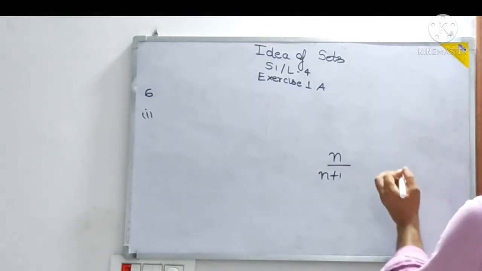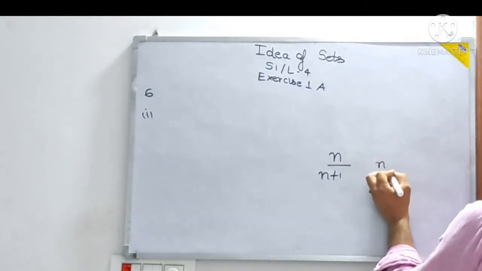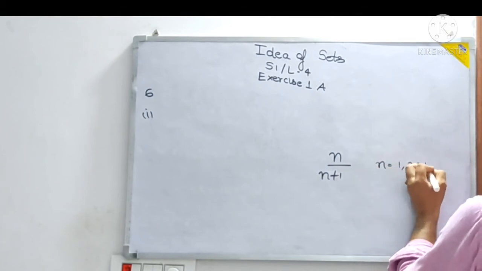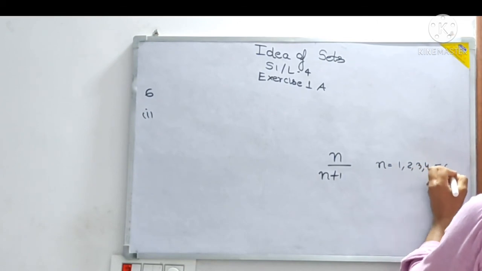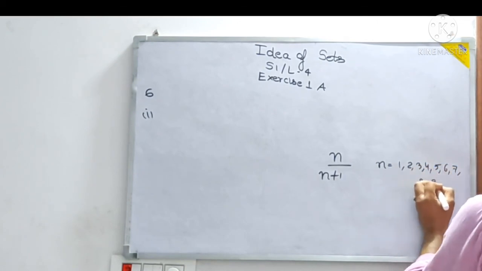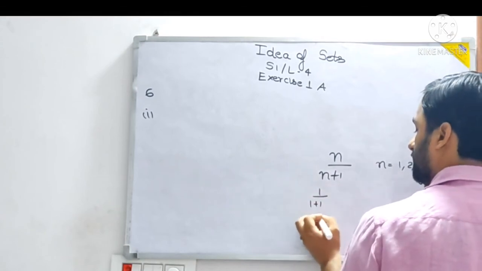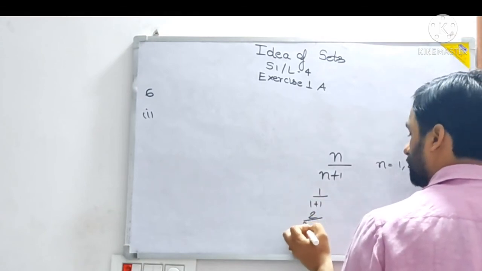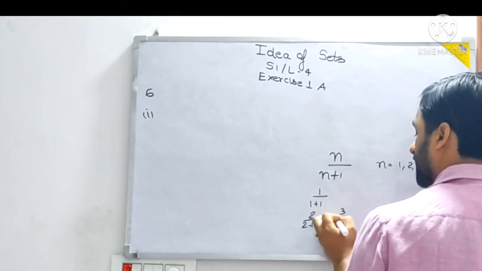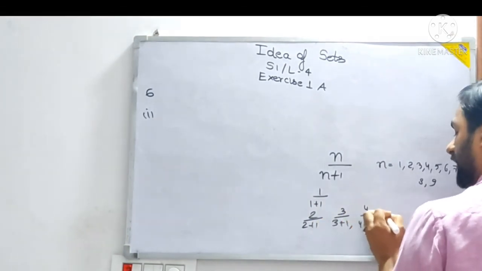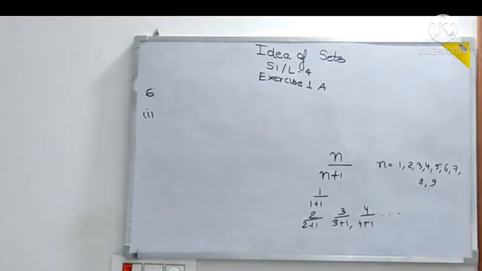So what values of n will we take? The values of n will be natural numbers, that means 1, 2, 3, 4, 5, 6, 7, 8 and 9. Now n upon n plus 1 means 1 upon 1 plus 1, then 2 upon 2 plus 1, 3 upon 3 plus 1, 4 upon 4 plus 1 and so on. Till where? It is saying less than or equal to 9.